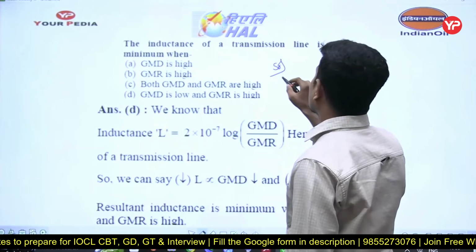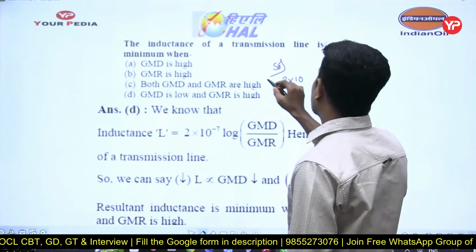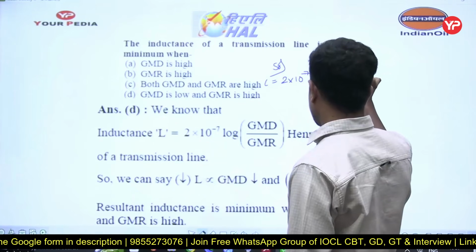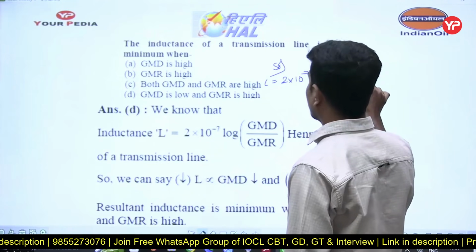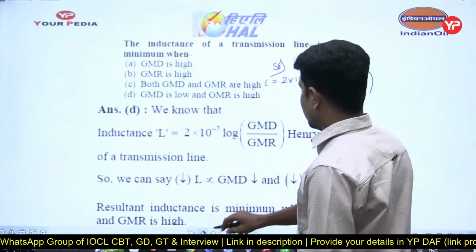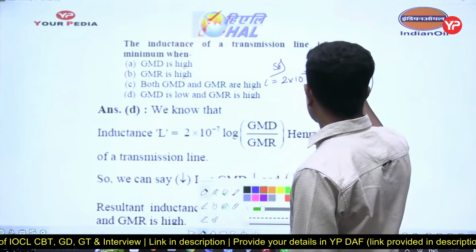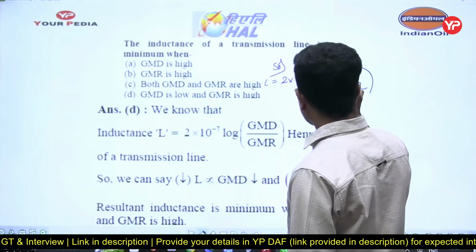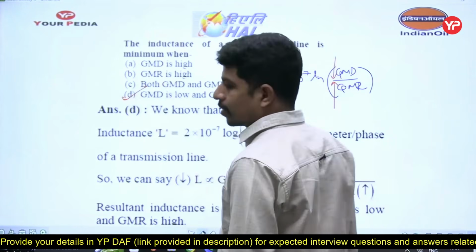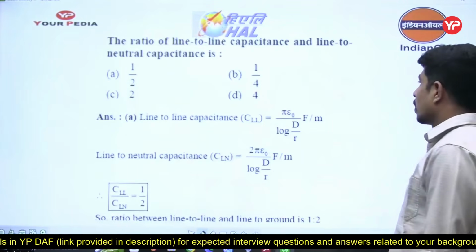Simplest question: 2 into 10 to the power of minus 7 into L is equal to ln of GMD by GMR. You want this to be minimum. So for that, GMD should be low and GMR should be high. Option is D, for Delhi.